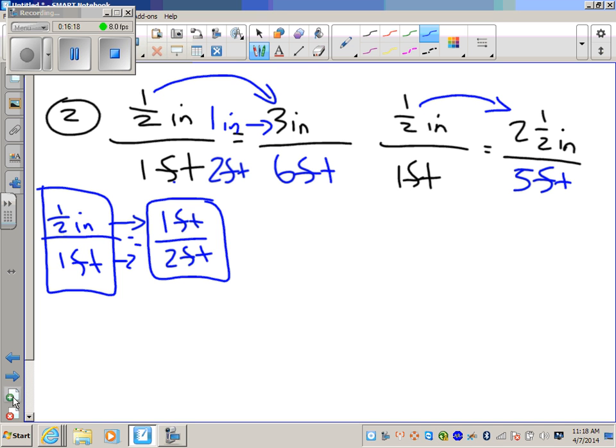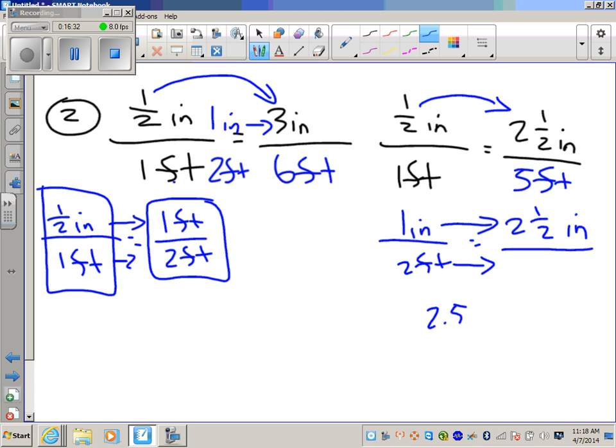What if I used our modified scale? To get from 1 to 2 1/2 would be times 2 1/2. What's 2 times 2 1/2? Is it still 5? Still works.